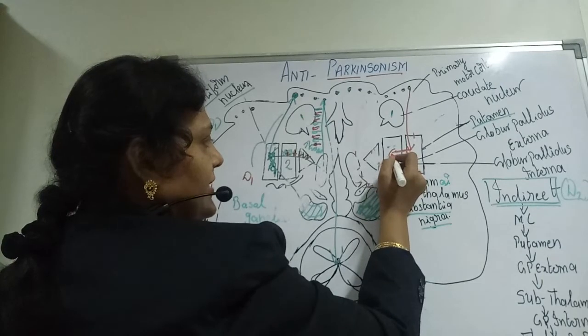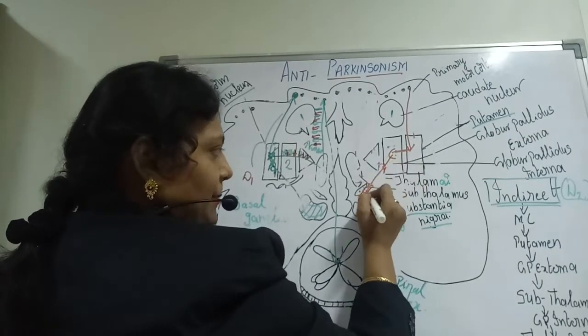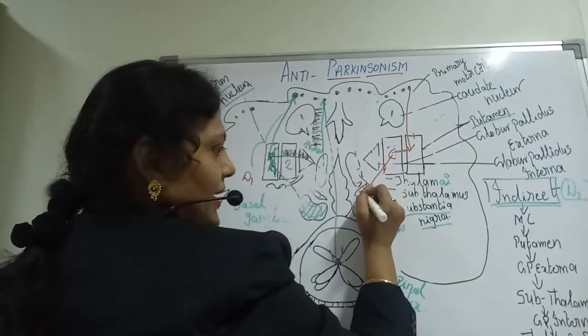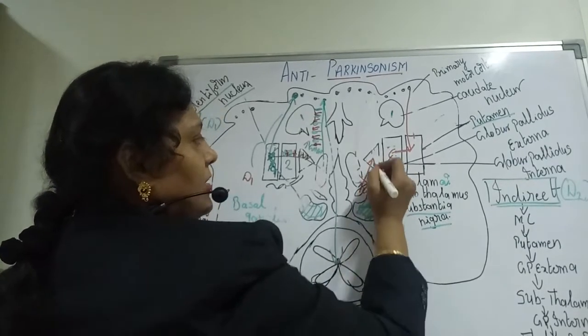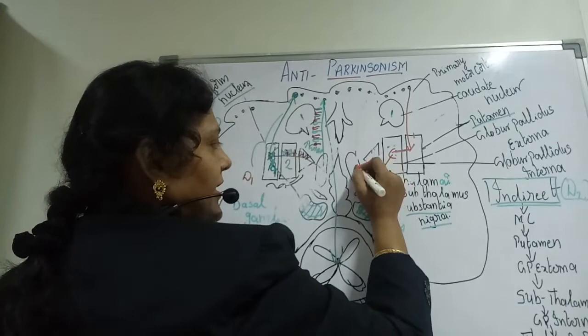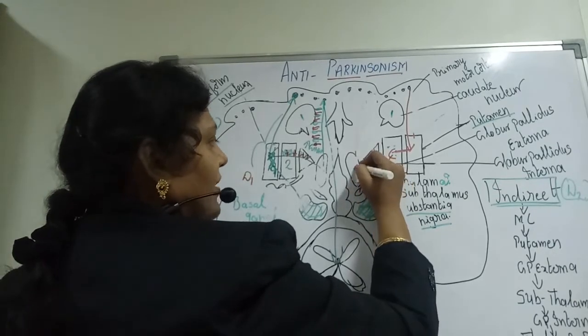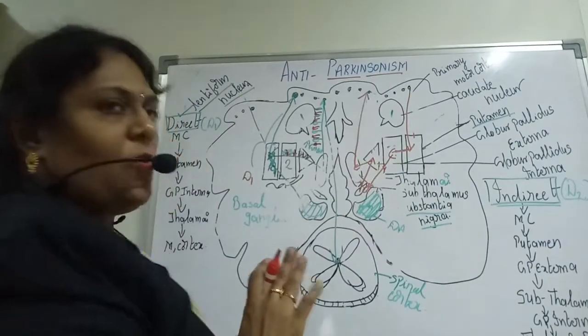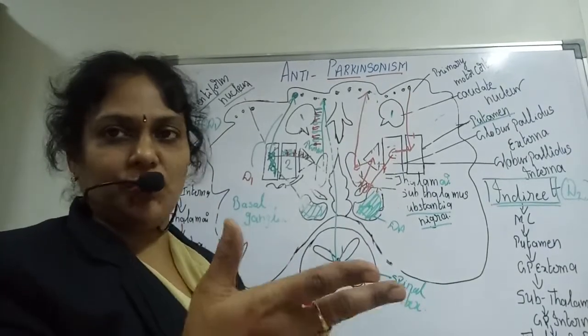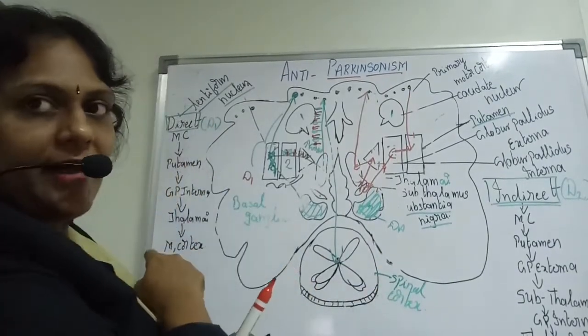From the globus pallidus externa it reaches the subthalamus. From the subthalamus it reaches the globus pallidus interna. From the globus pallidus interna it reaches the thalamus, and from the thalamus it reaches the primary cortex. So only two more junctional places are attached here than in the direct pathway.